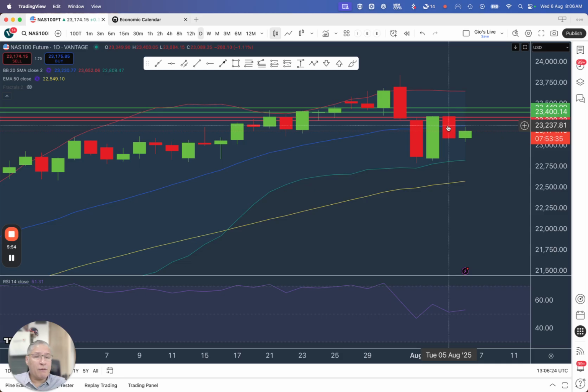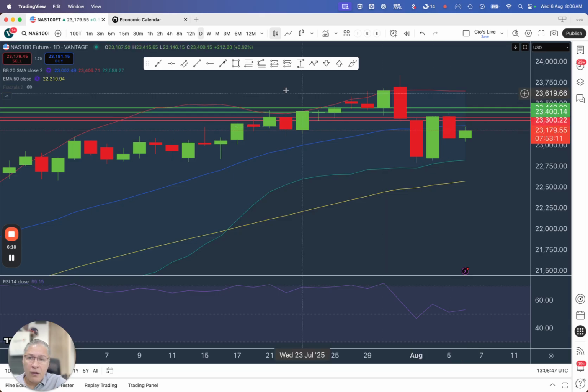So you look at the previous day's value and you add the high, which in this case is 23,403, plus the low, 23,084, plus the close, 23,089, divided by 3, and that will give you the typical price for yesterday.